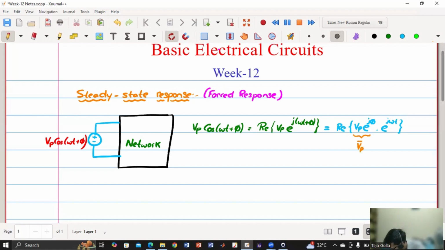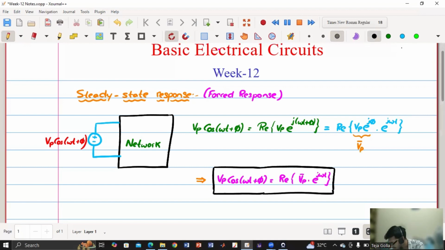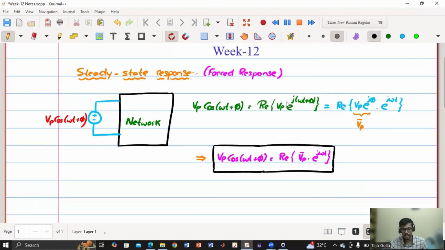So now Vp cos(omega t plus phi) is equal to the real part of Vp phasor into e to the power j omega t. Is this clear? We have written the input voltage in a different form, where we have written everything in terms of phasor. Is that clear?